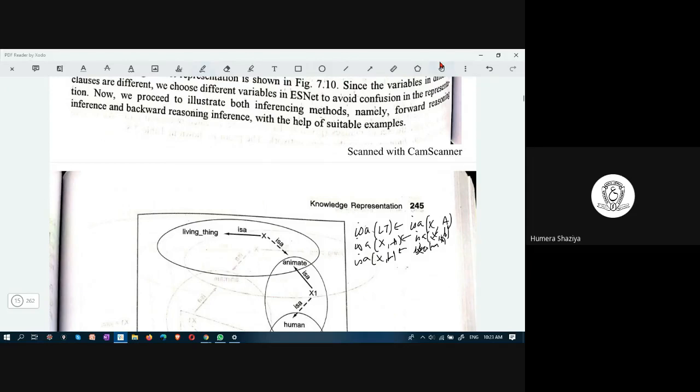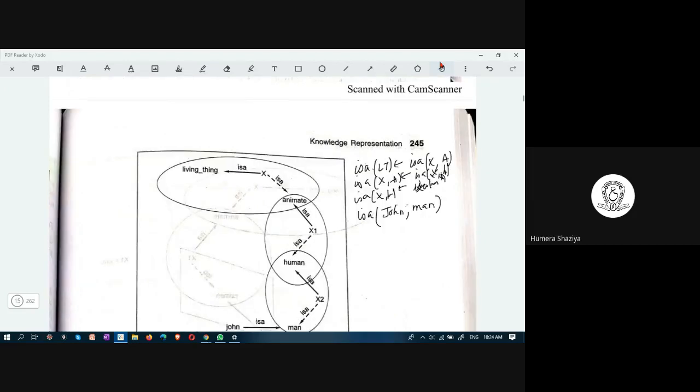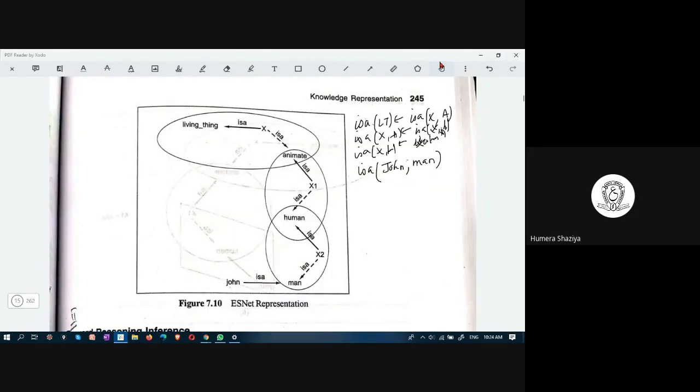Alright, students. Now you are substituting John in place of X, and we are saying no, we are not substituting. It's just a statement. John is a man. Now let us see how this clausal representation is converted into an ESNet representation.